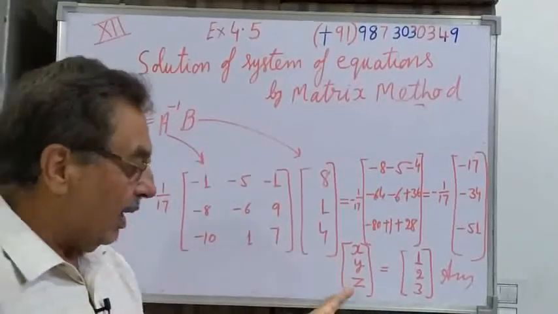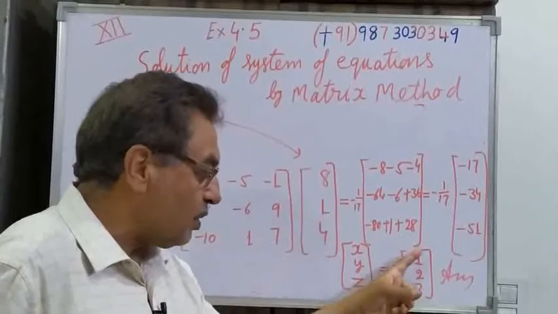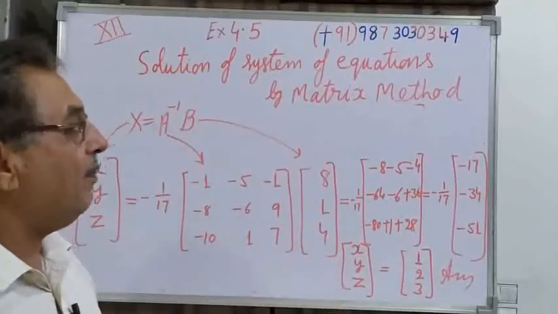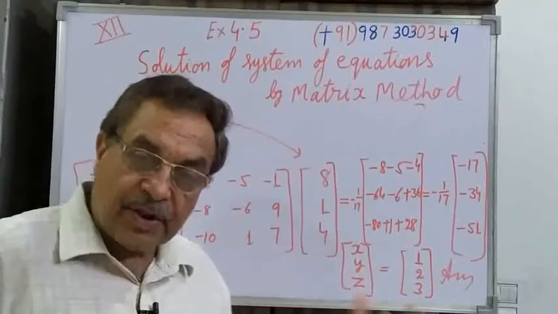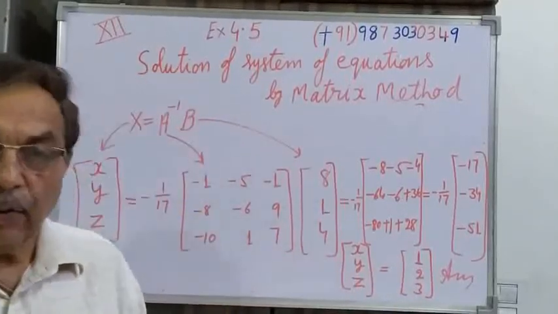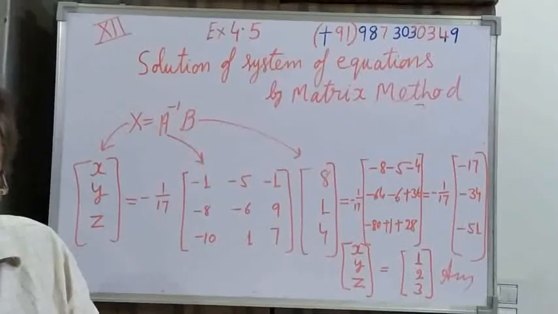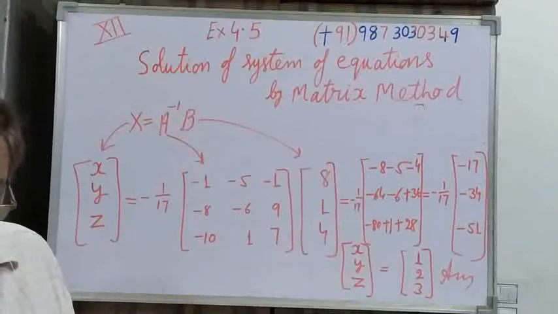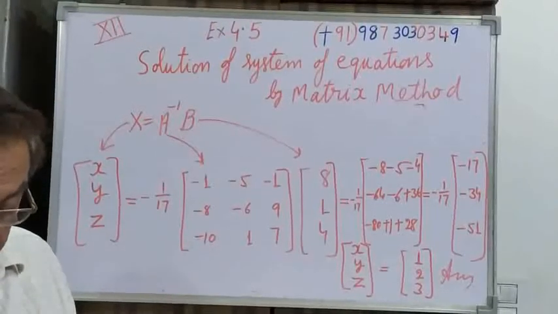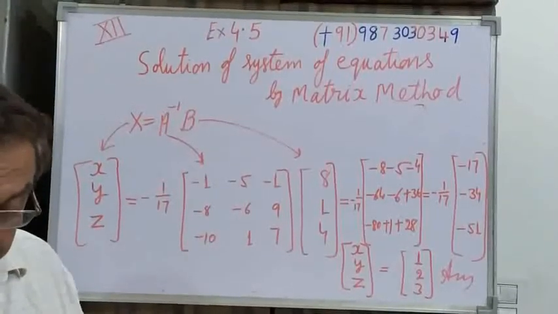At the end we find the value of x, y, z, that comes to 1, 2, 3, and that is the solution. You put it in any of equations 1, 2, 3, you will see both sides are equal. That means they are the correct solutions. So this is how we can solve the system of equations by this method.